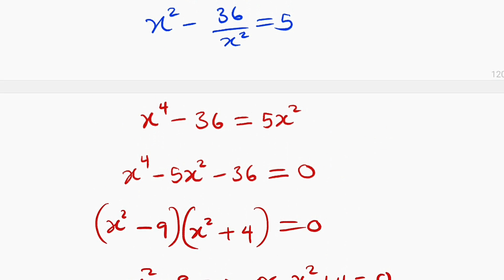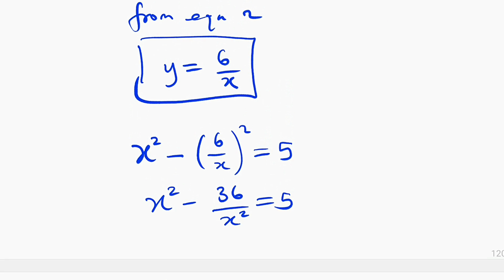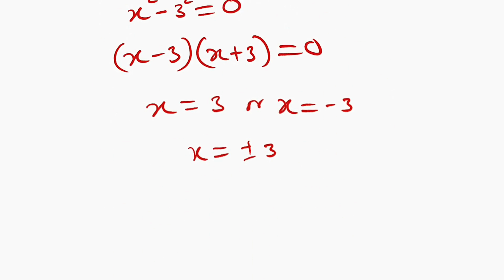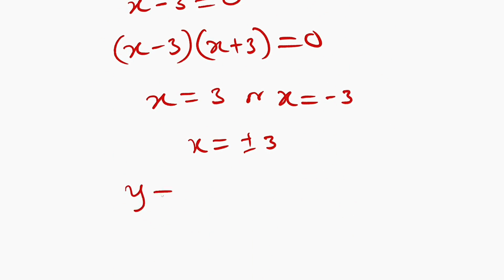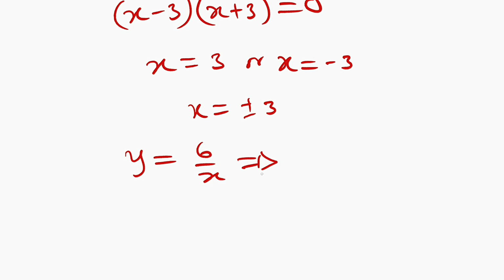But remember from this important equation, y is equal to 6 divided by x. So y is equal to 6 divided by x, which implies that y is equal to 6 divided by plus or minus 3, right? Therefore, y is equal to plus or minus 2.